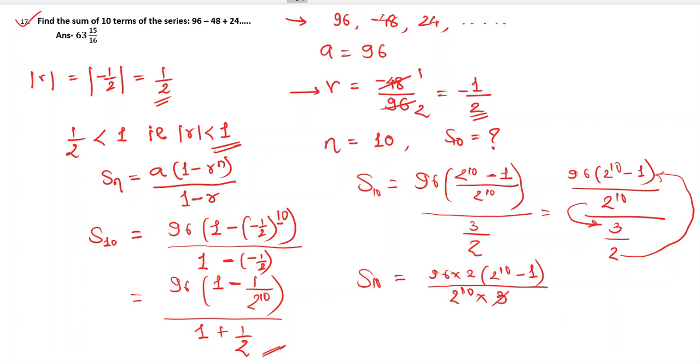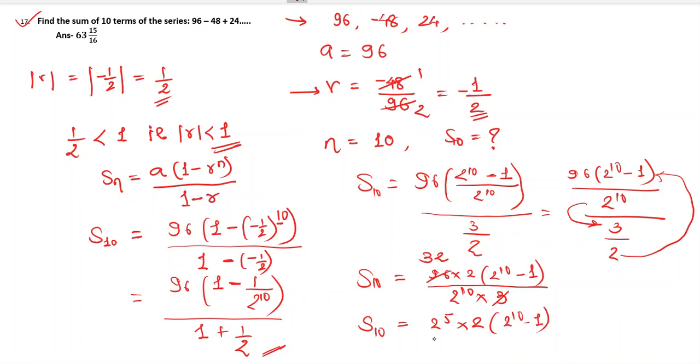So 3 3s are 9, 3 2s are 6. Correct? So we get 32 over here. Now if you see what 32 is, 32 is 2 raised to 5: 2 2s are 4, 2s are 8, 2s are 16, 2s are 32. So 2 raised to 5 into 2 bracket 2 raised to 10 minus 1.